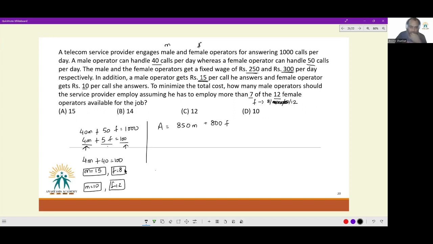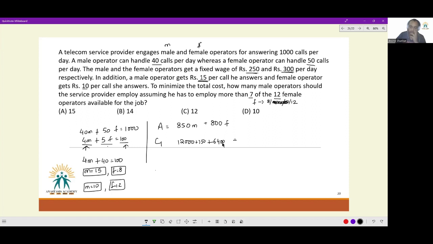For the first one, we get 8 into 800, 6400, plus 15 into 850. 800 into 15 is 12,000, plus 750. 50 into 15 will be 750. So this is the amount in case 1.